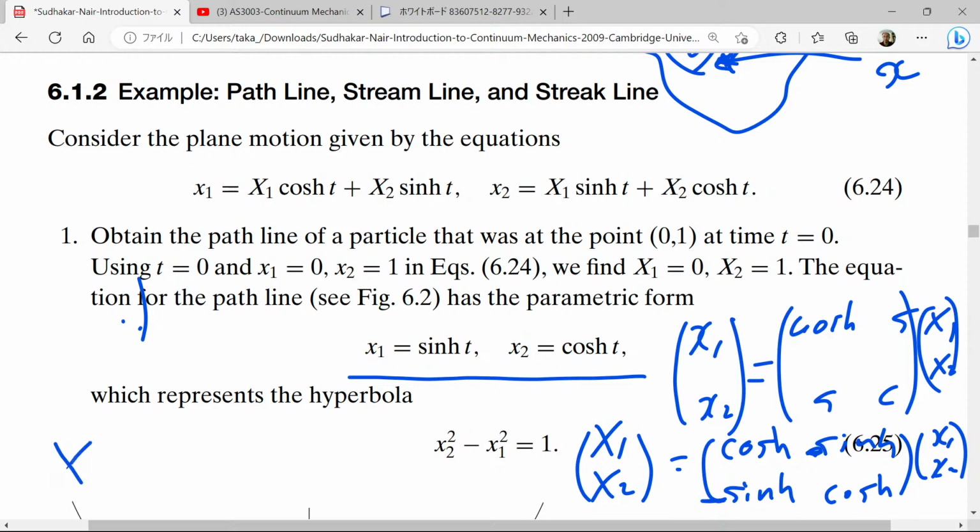I have very tough time understanding the difference between tau and t.